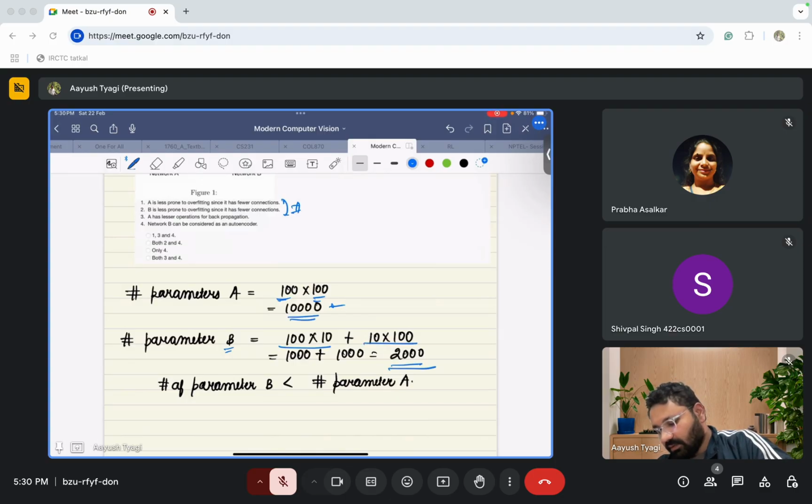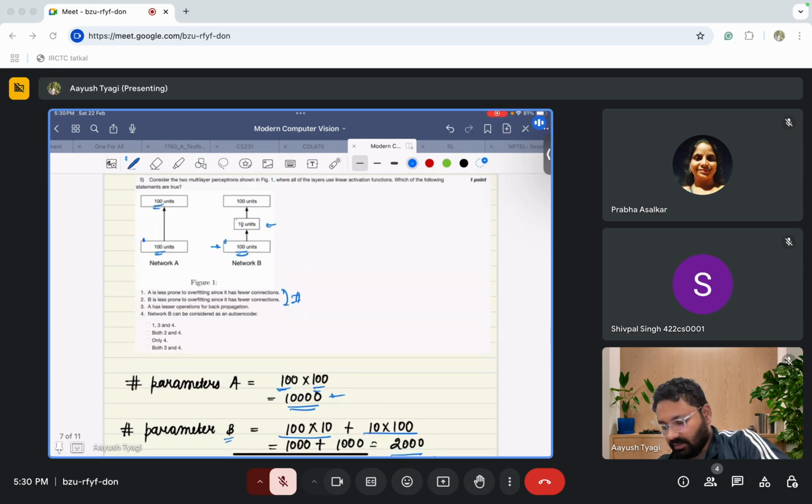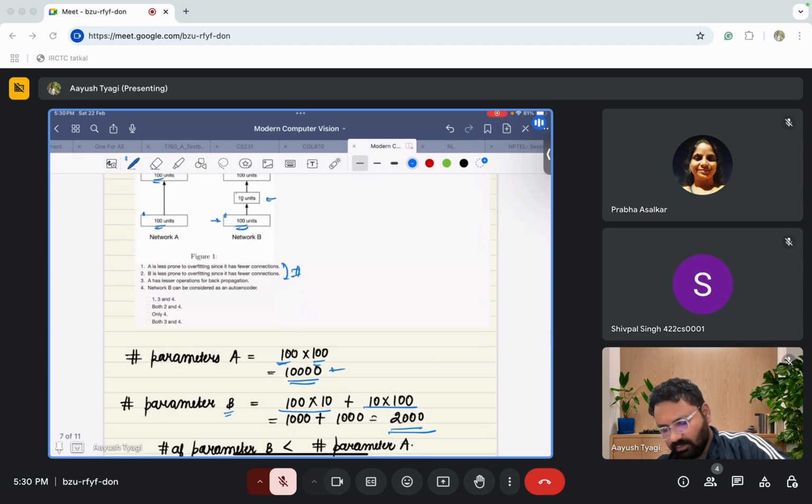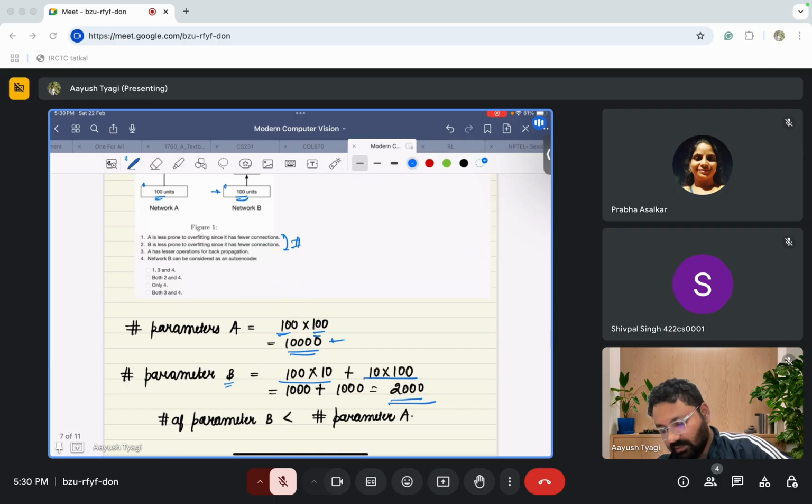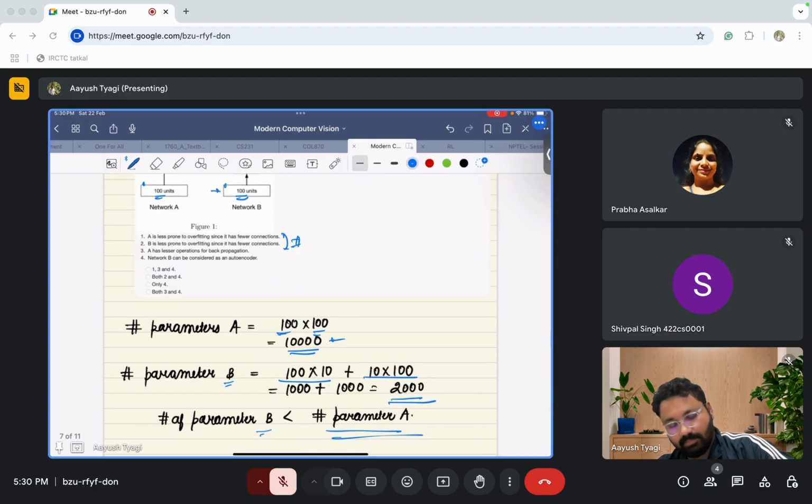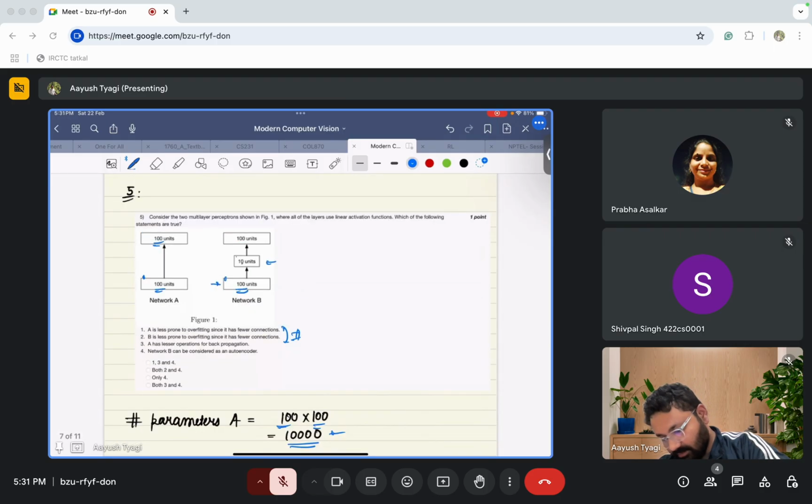Whereas in figure 1, network A, you have 10,000 parameters. So the number of parameters in A is way more than in B, so B has a lesser number of connections, right? And this architecture is called an autoencoder.